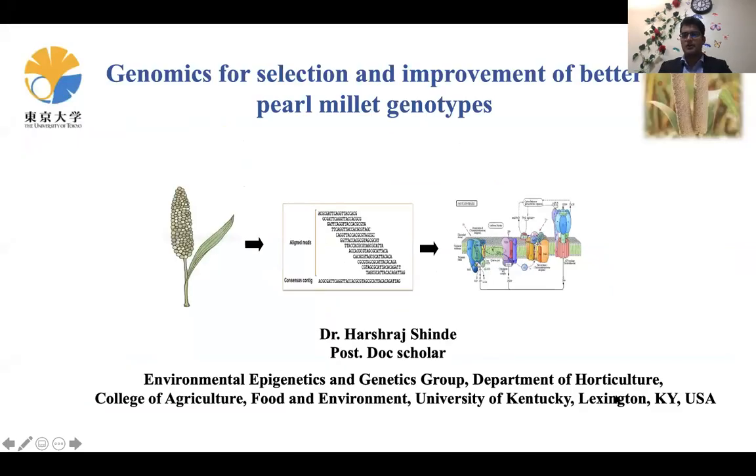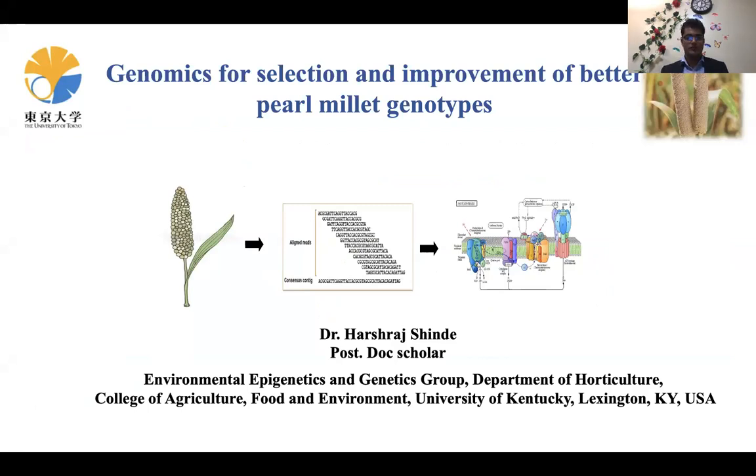So today I will speak about genomics for selection and improvement of better pearl millet genotypes. So myself, Dr. Harshraj Shinde. I'm a postdoctoral scholar at the University of Kentucky.